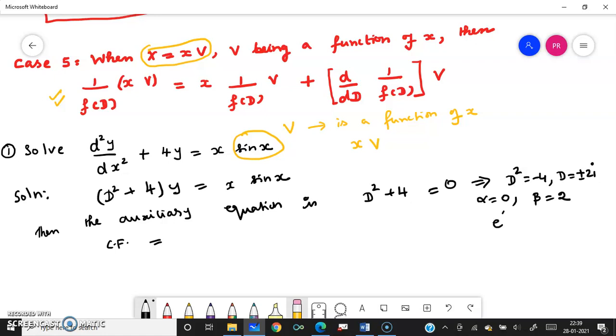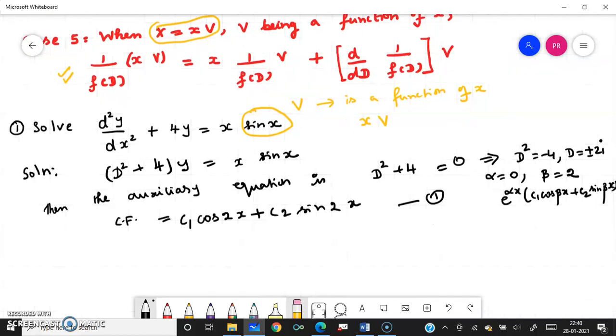So the answer is e power alpha x into C1 cos beta x plus C2 sin beta x. Alpha is 0, e power 0 into x is 1. So you will be getting the answer as C1 cos 2x plus C2 sin 2x. Okay, this is my equation 1.